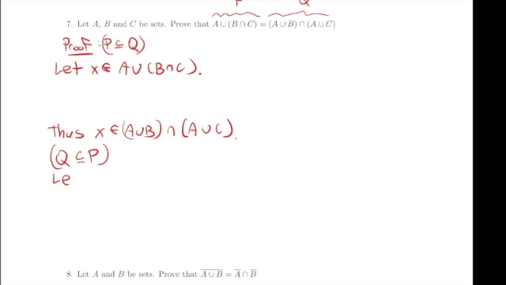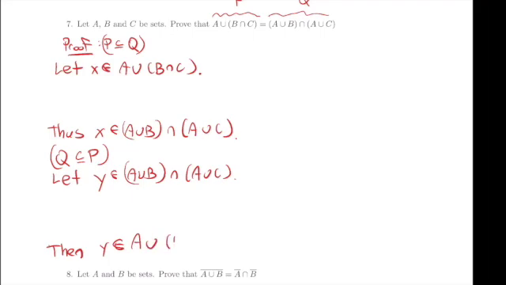Whereas this one would look like, let's let some other element, we'll say Y, start in here. And we're trying to move in the direction of showing that Y has to be in the set that we call P.